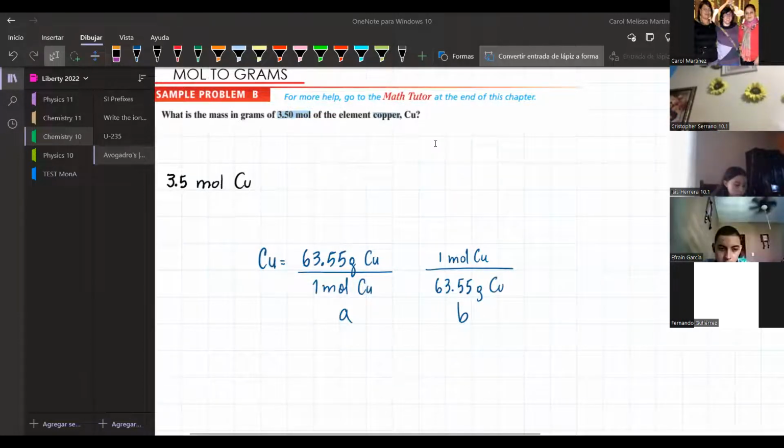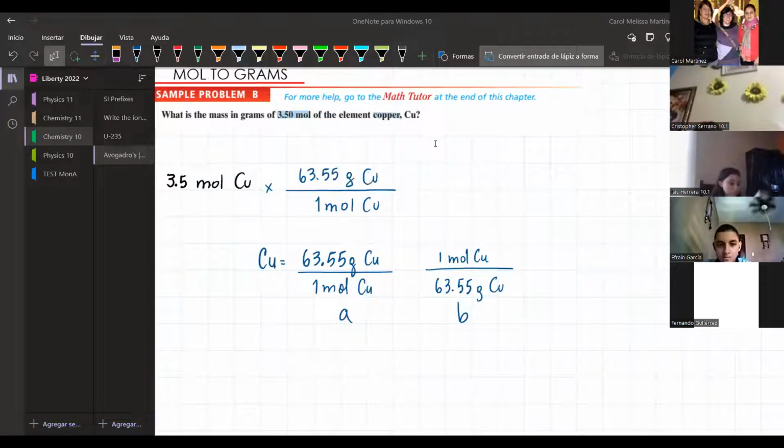So we say, okay, we're going to use A. In 1 mole of copper, you have 63.55 grams of copper. Get rid of moles with moles, copper with copper. How much is this? You can write your answers in the chat if you want to participate.